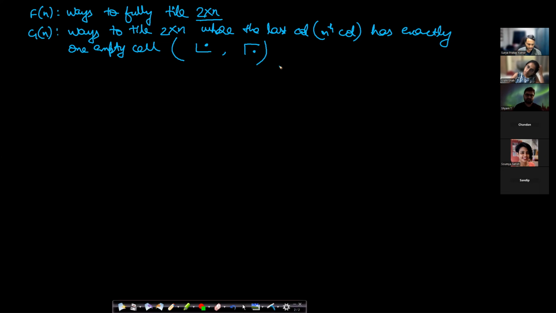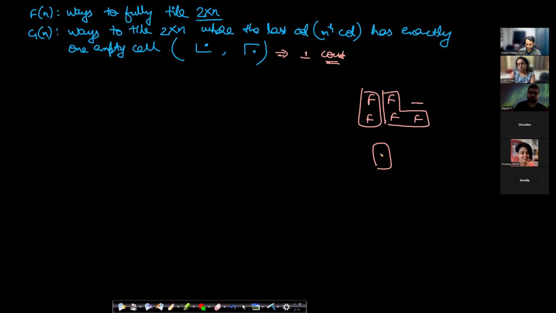So in this case, g of n will treat both of them as one count only. When I say this is full, full, full, full, full, and here you have empty, and you have put a Tromino here, followed by a vertical domino, or you could be full here, full, full, full, and empty, followed by another Tromino with a domino.